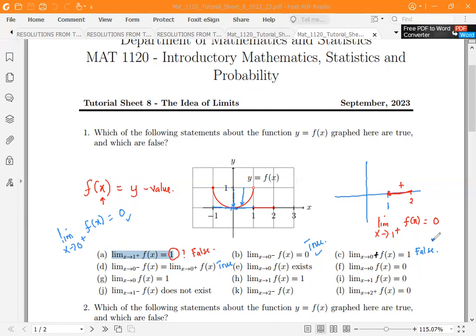And remember our agreement, we said if the side limits are equal, it means that the limit exists. It exists and it is equal to 0. Remember when we talked about continuity, we said the limit will exist if the limit from left and the limit from right are giving you the same value.